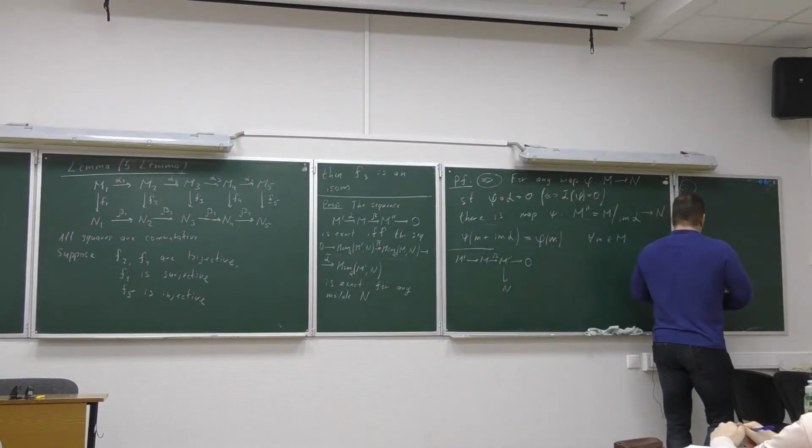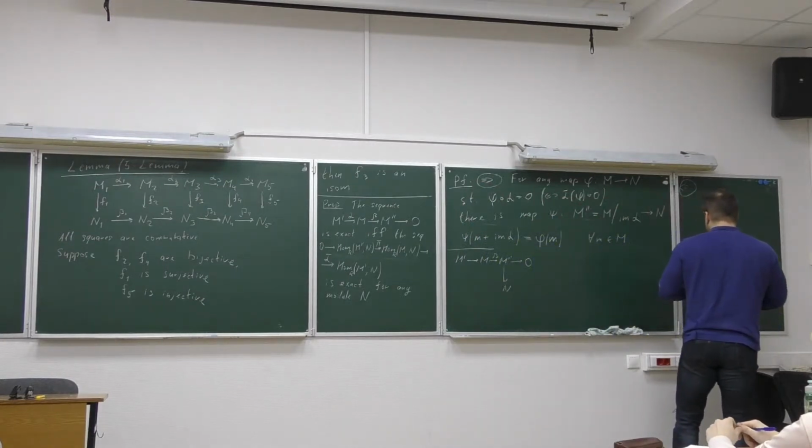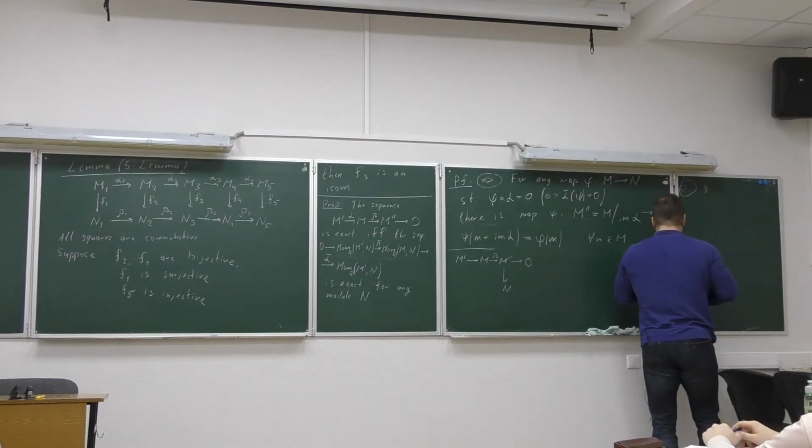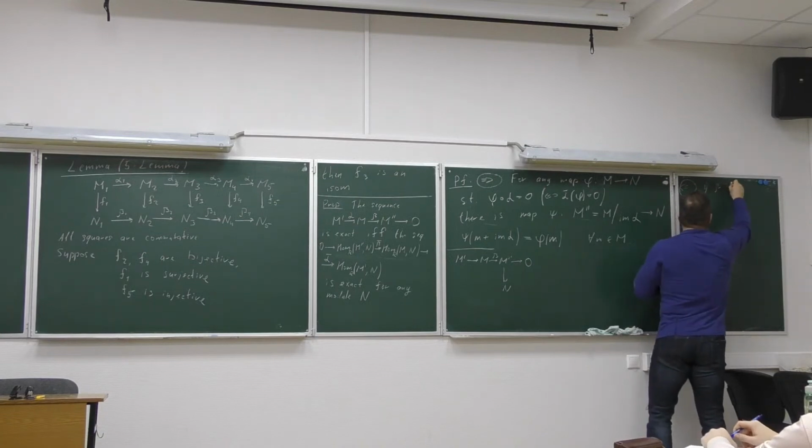Well, I need to check several things. So first, of kind of 3 steps. So the first step is to show that beta is surjective.